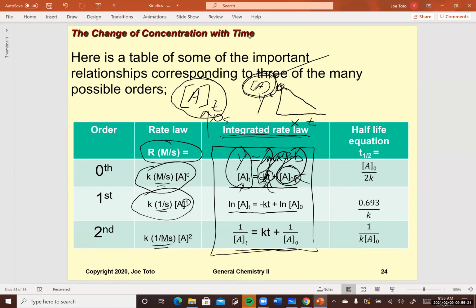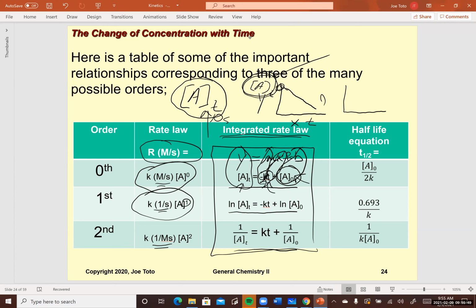I'm just kind of easing everybody into these integrated rate laws and what the terms mean for each one. Like for the first order, if the reaction was first order, then what would I plot to get a linear function? Anybody? It would be the natural log of the concentration.